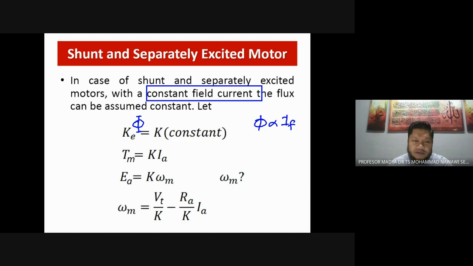This should be Ke flux, not K only. Ke flux equals K, because both are constant, so you can define the new constant as K. So you have torque Tm equals K multiplied by Ia, Ea equals K omega m, and finally you can reduce the equation to become this.